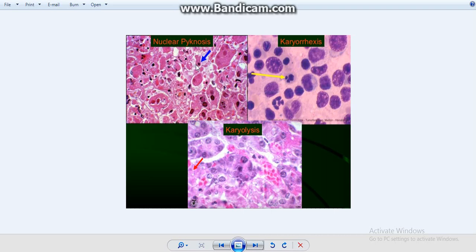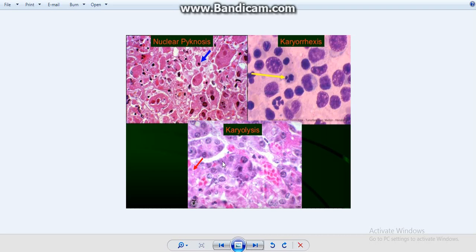Basically, this is when the nuclei become condensed and resemble little ink dots in the histological appearance. The second is called karyorrhexis, which means the fragmentation of the nucleus. And the third and final is karyolysis, which means the dissolution of the nucleus, and the cell becomes anucleated.